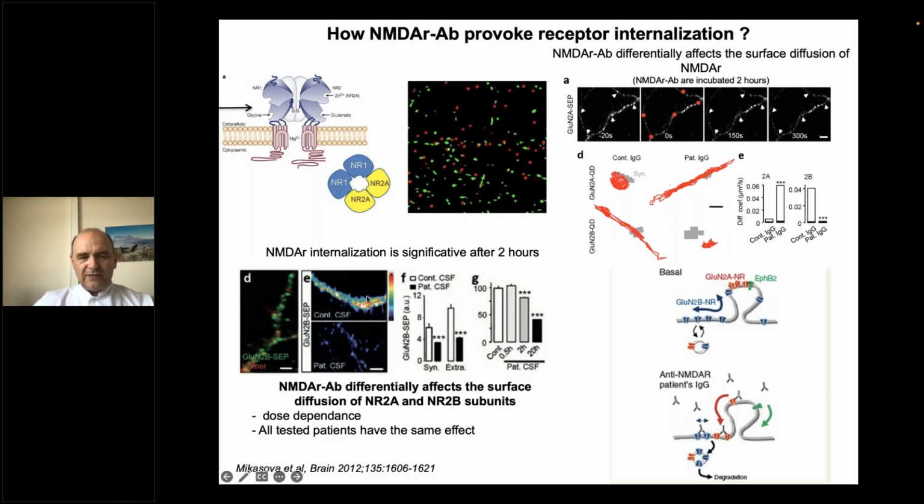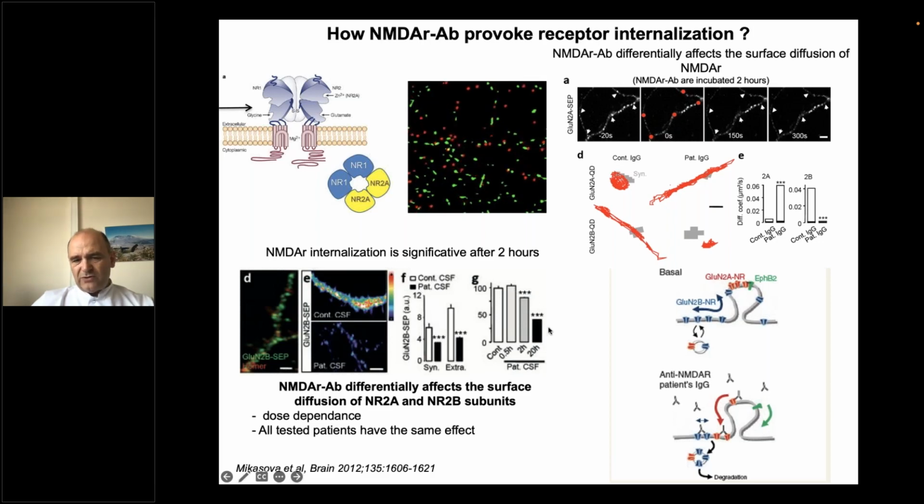And if you look at the internalization by confocal microscopy, you can see in control condition the fluorescent expression of the receptor at the membrane of the cultured neurons, but an internalization and disappearance of NMDA receptors from the surface of the membrane in presence of the antibodies.